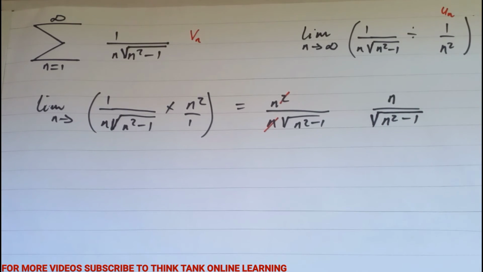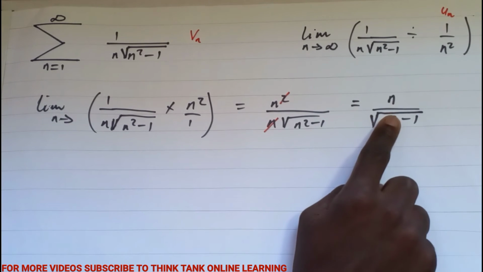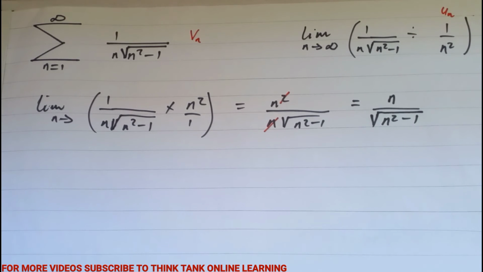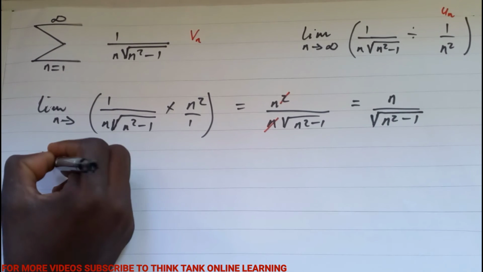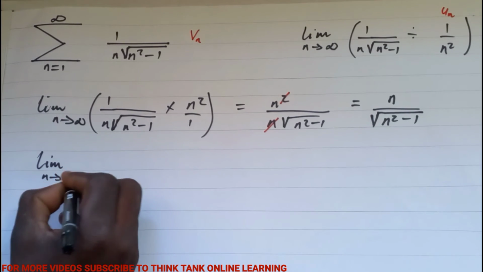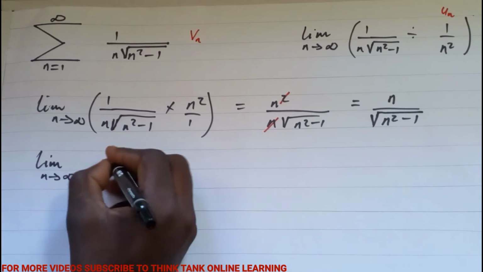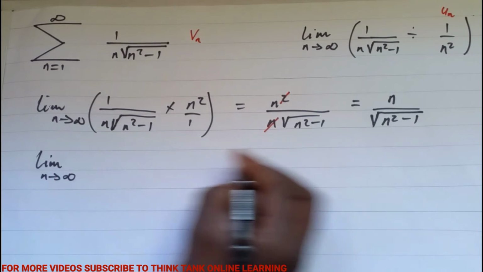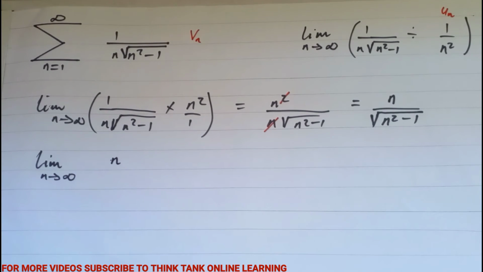If I plug in infinite, I'll have infinite over infinite, and I don't want that. So let's try to pull this n out of the square root. So I'm going to factor out n. So let me say limit as n approaches infinite of n, and I'm going to factorize here.